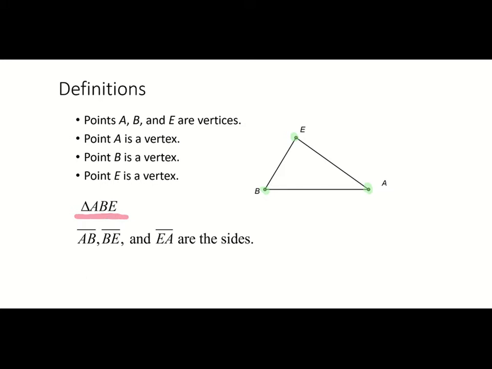So you always want to include all three vertices. Order doesn't necessarily matter. If you're just naming one triangle, you could pick. So I could call this triangle BAE or EBA. You just want to follow them in order, which for a triangle, they'll always be in order. And then your sides, you just name them as segments. So we have segments AB, BE, and EA as the sides.